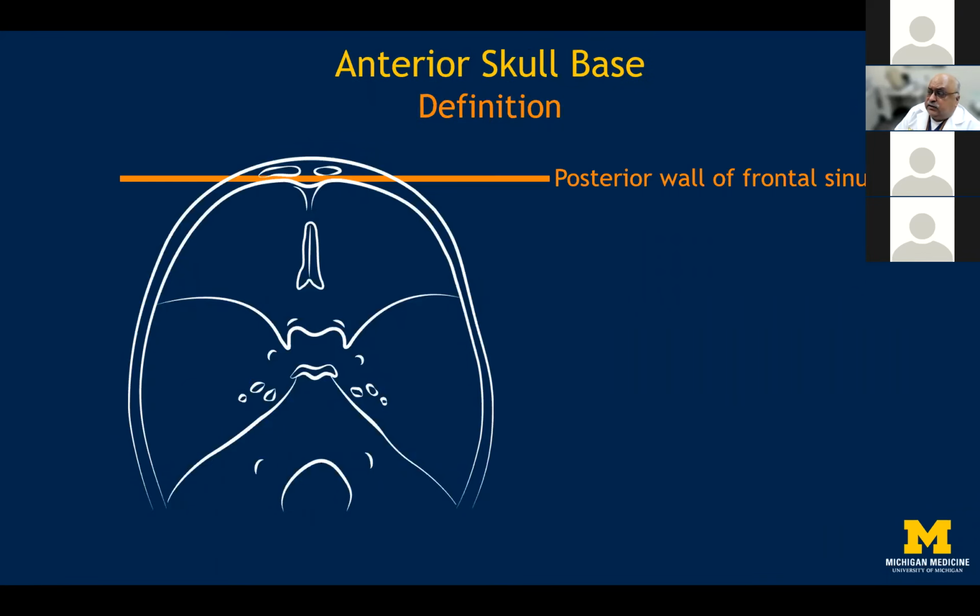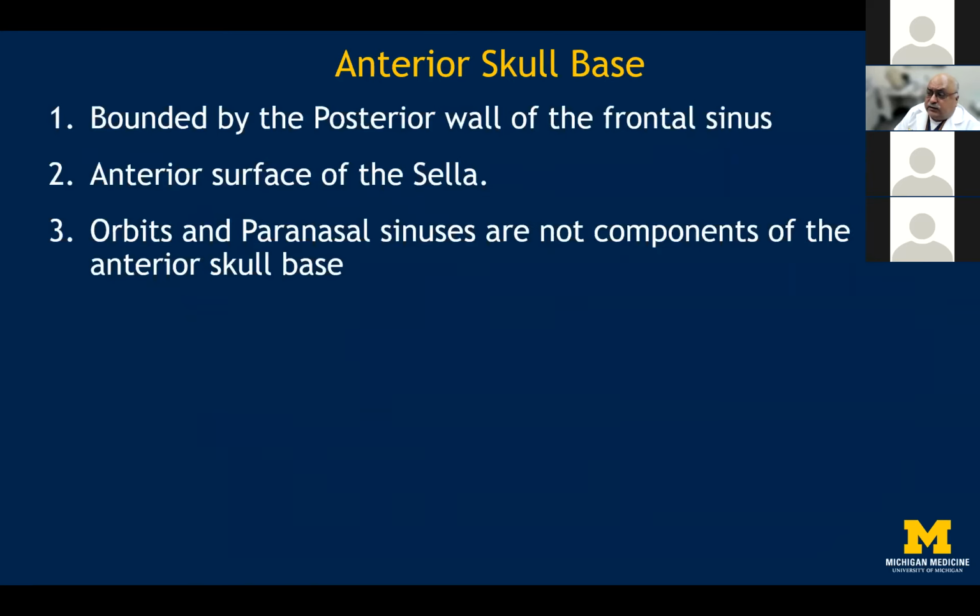By definition, the anterior skull base is limited by the posterior wall of the frontal sinus anteriorly and the anterior surface of the sella posteriorly. It is of importance to know that the orbits and paranasal sinuses are not components of the anterior skull base.